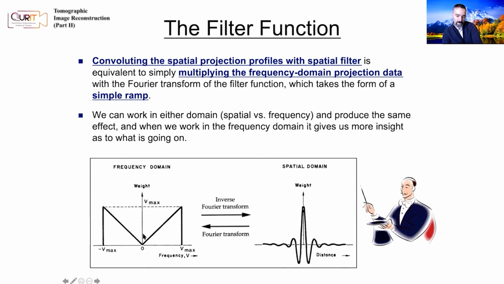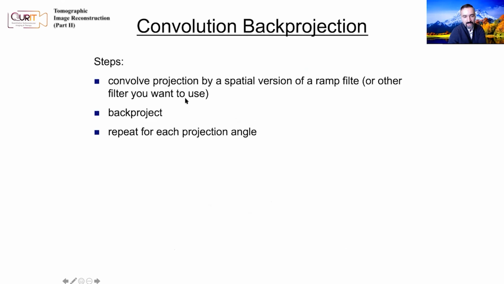But it turns out this ramp filter does have an equivalent in the spatial domain. So instead of taking things to the Fourier domain and multiplying by the ramp, technically you could do a convolution with this. So you take your 1D profile and you don't Fourier transform it, you just convolve it with this term. So there's an equivalent for that. And that brings us to the so-called convolution back projection algorithm.